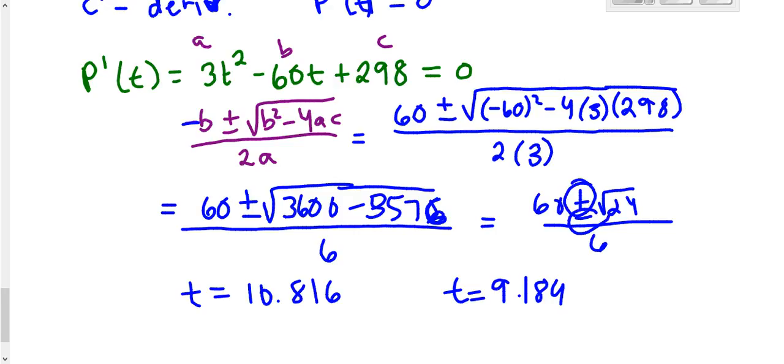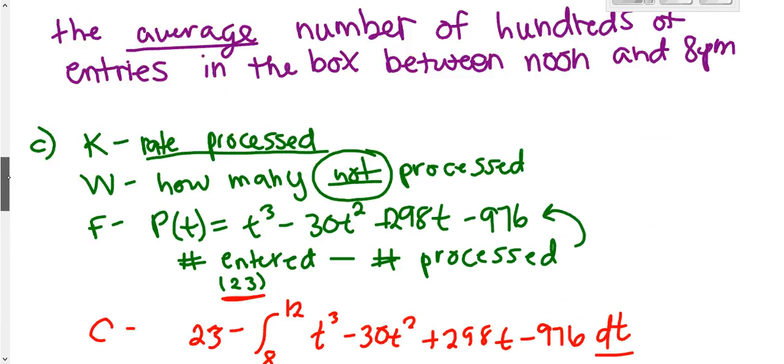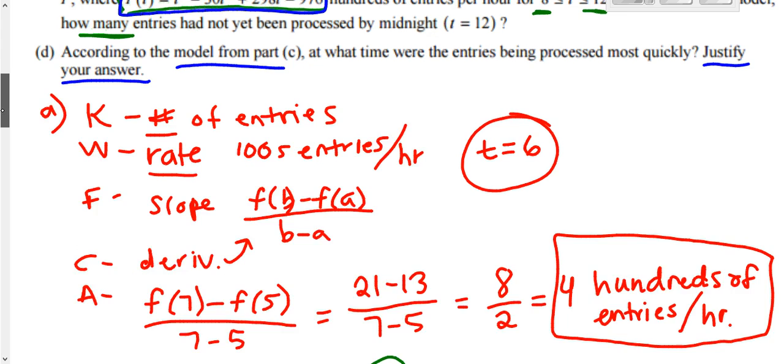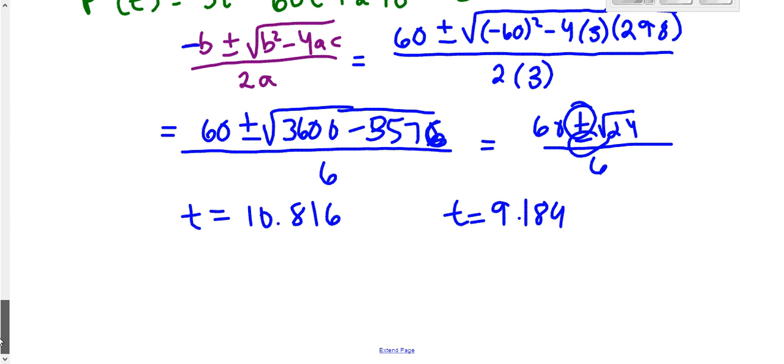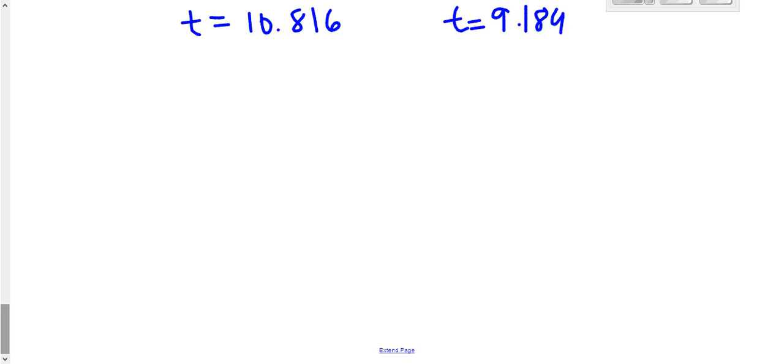From there, what are we trying to figure out? Well, going all the way up here, at what time, so our answer is going to be a t, are the entries being processed most quickly? When we come across a problem like this, the candidates are either where the derivative equals 0 or the endpoints. The endpoints of the processing are 8 and 12. So we look at those.